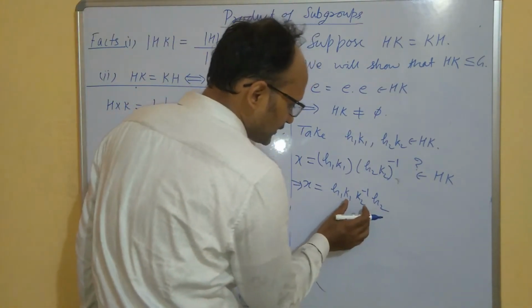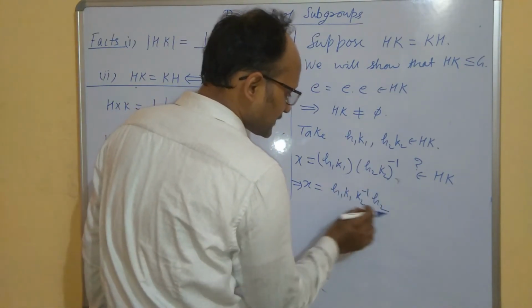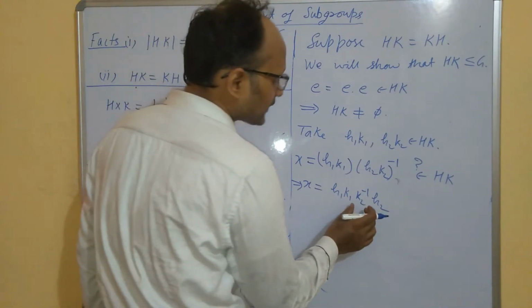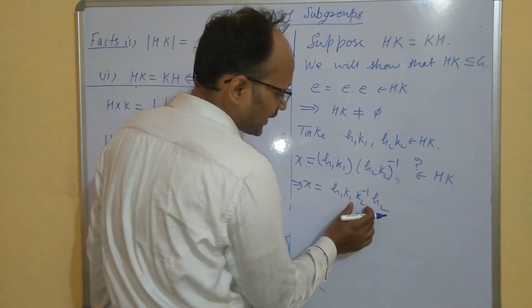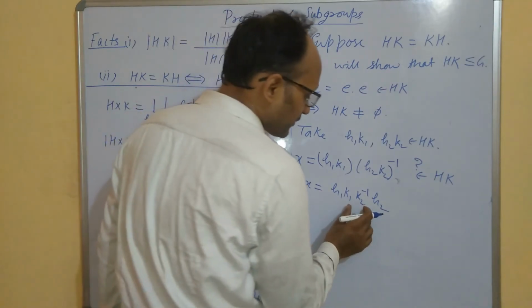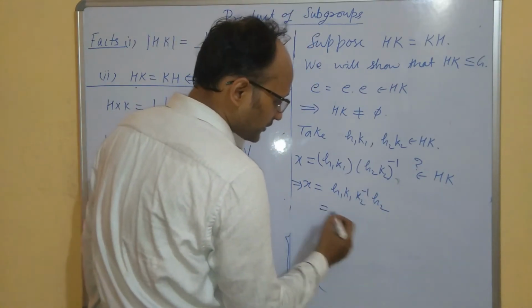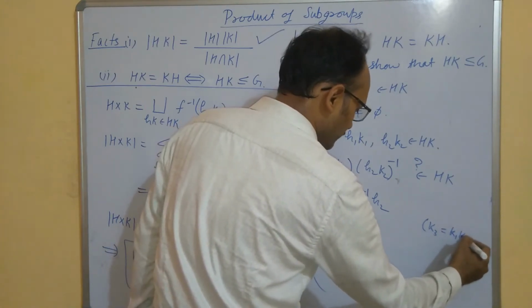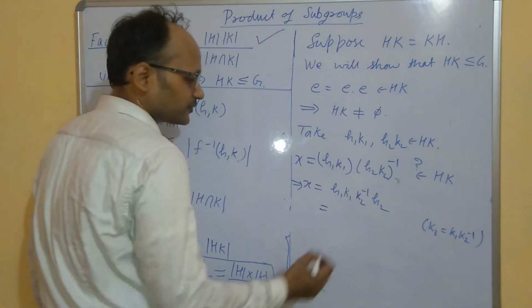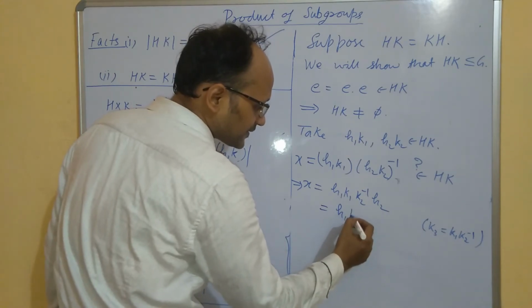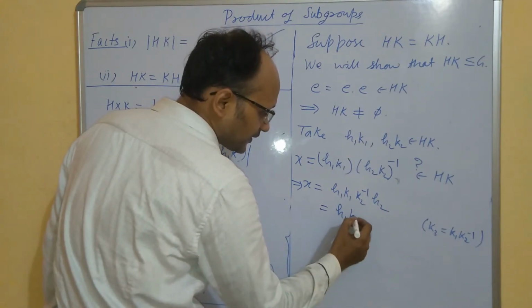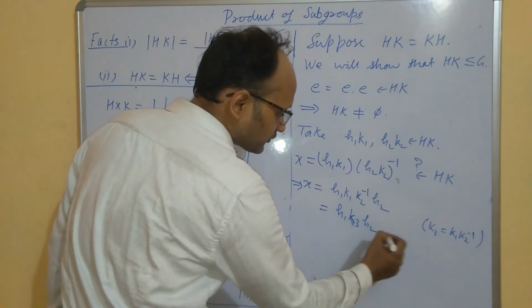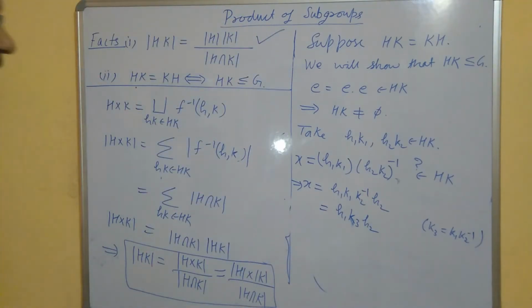Now one thing, k1 k2 inverse is an element of capital K, because capital K is a subgroup. So let me write k3 for k1 k2 inverse. So we can write it as k3 and h2 inverse.